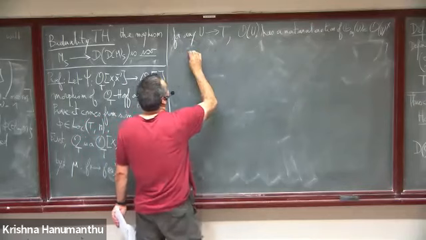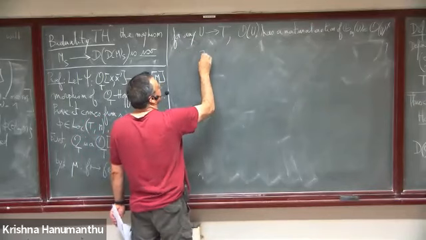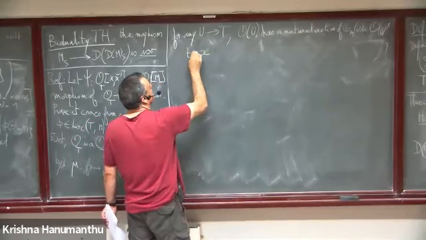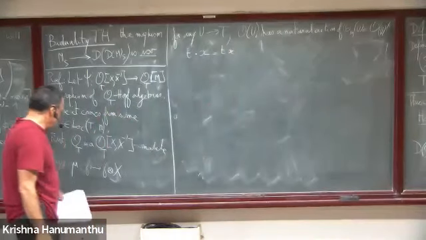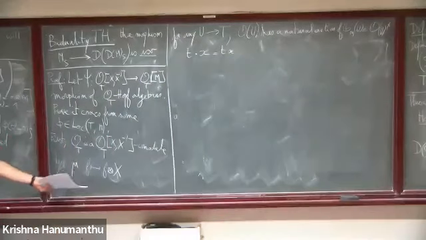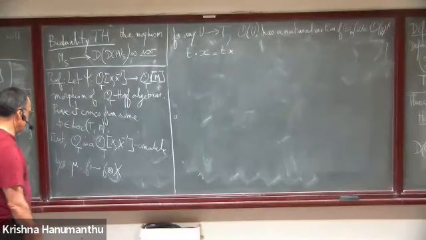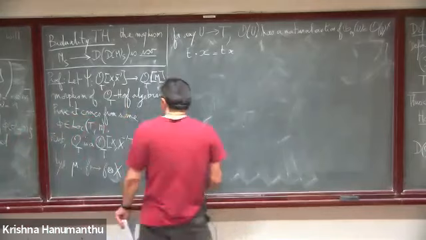That is, a section x in O of U is acted on by an invertible section just by the product. And this corresponds to this comodule structure.